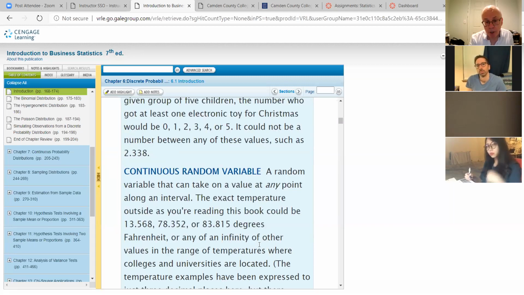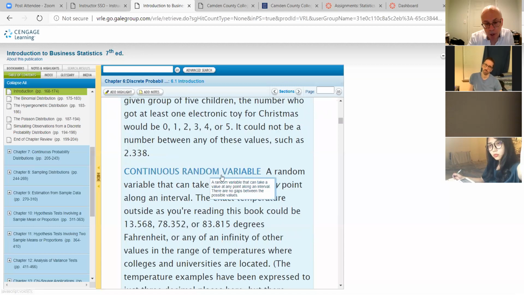Now, the measuring instrument itself could have a limitation on the particular values that you can have. It could be a limited number of values because of the measuring instrument. But theoretically, if you had a very, very precise measuring instrument, you could picture having an unlimited number of values in between 2 points on a number line. And that would be a continuous random variable.